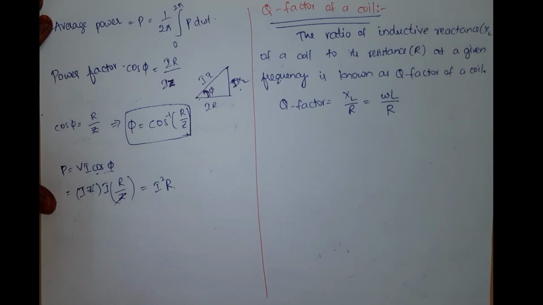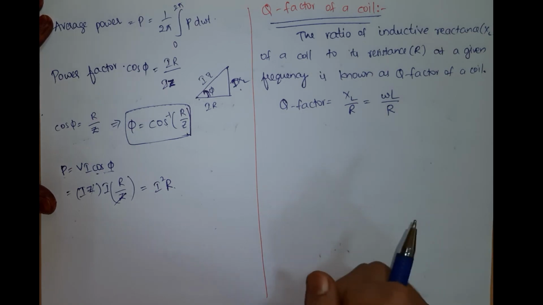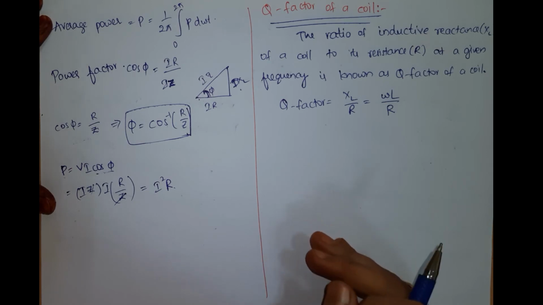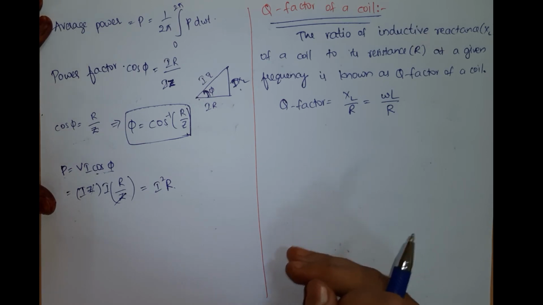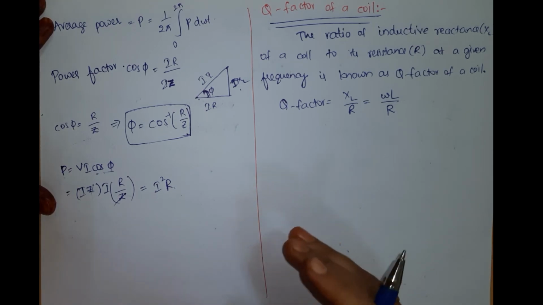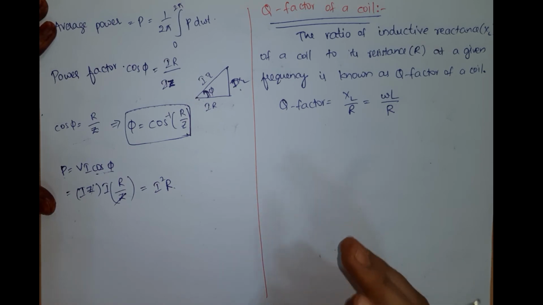This quality factor can also be explained as a measure of how far it is able to store energy, whether inductive energy or capacitive energy, compared to dissipating energy. R is what? Dissipating energy. It is nothing but opposition to the flow of electric current, dissipated in the form of I square R. So quality factor measures how effective the coil is. If the quality factor of a coil is greater, then it is said to have a high value of inductance compared to its resistance.